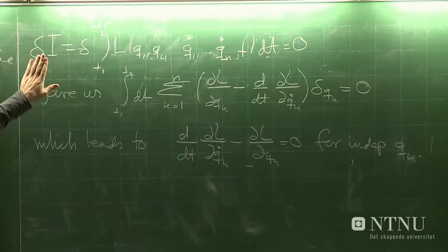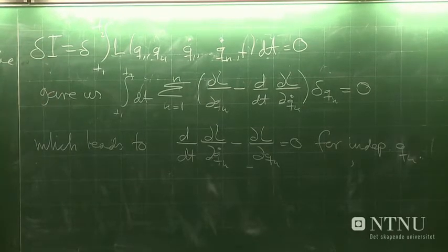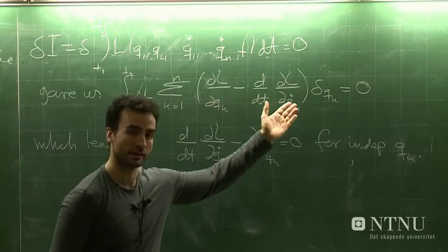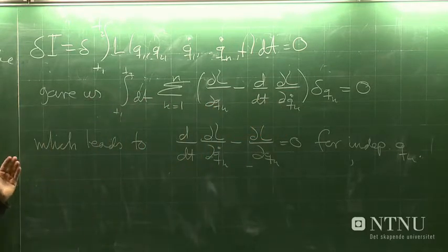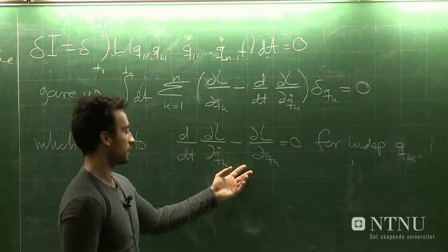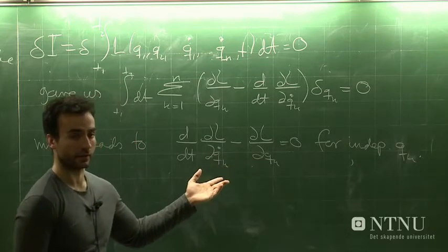So Hamilton's principle, written like this, we showed would give us this expression, which for independent generalized coordinates qk gave us these Lagrange equations.